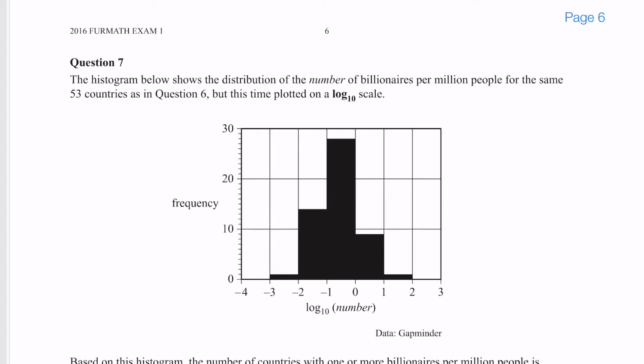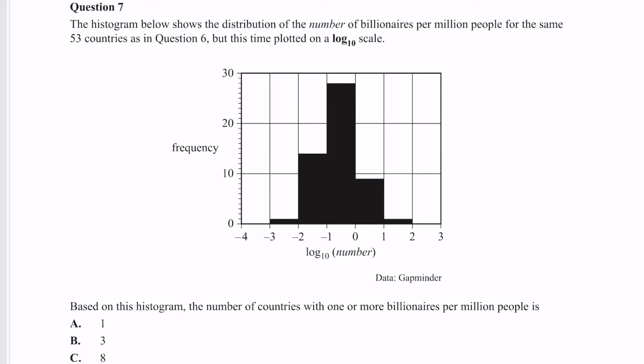Question 7. The histogram below shows a distribution of the number of billionaires per million people for the same 53 countries as in question 6, but this time plotted on a log 10 scale. So whenever I get these log 10 scales, the first thing I do is put a 10 at the bottom of each number, because this really confuses me personally, so I like to just have 10, so I know it's 10 to the power of.